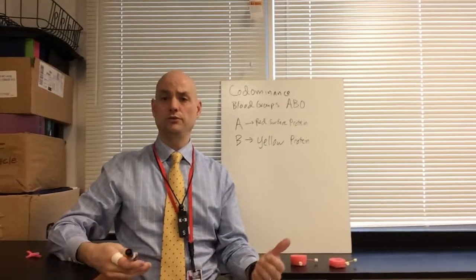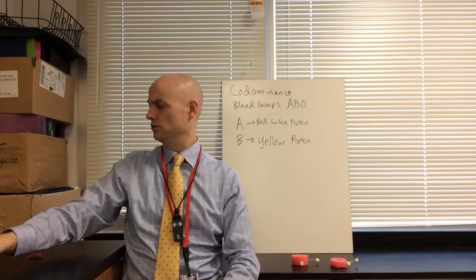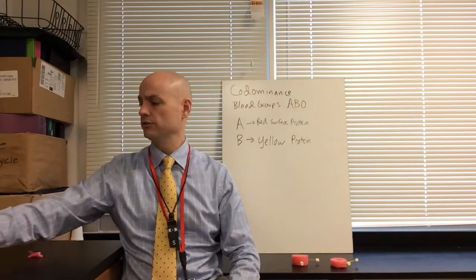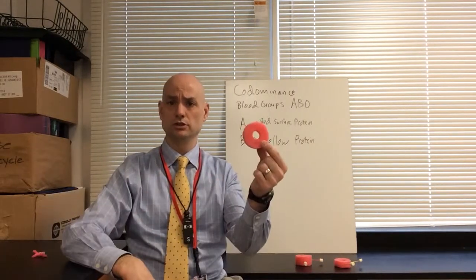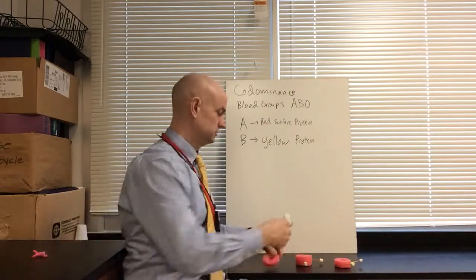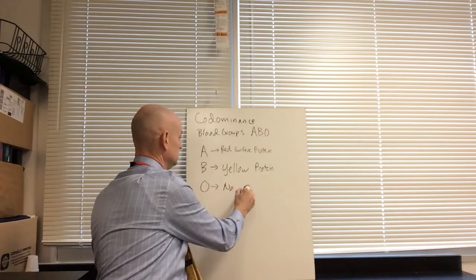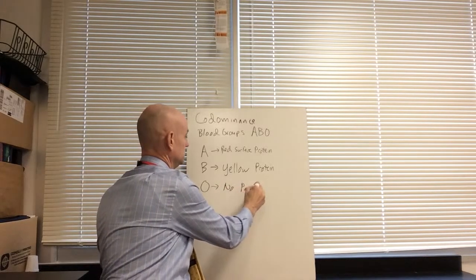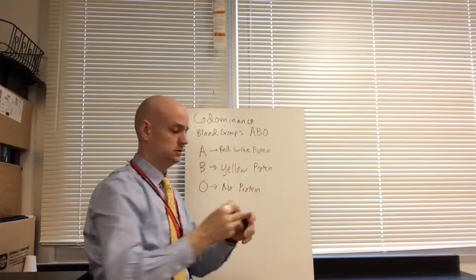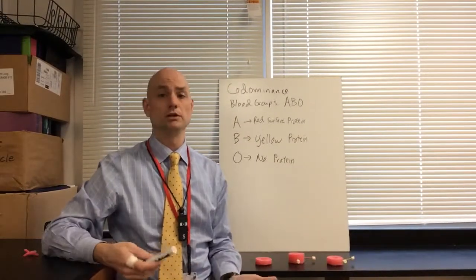Okay, and then what if you have type O? So type O is a lack of a surface protein, so it just looks like this. So O is kind of like 0, if you will. All right, so I'm sure you've heard also of another blood type called AB.